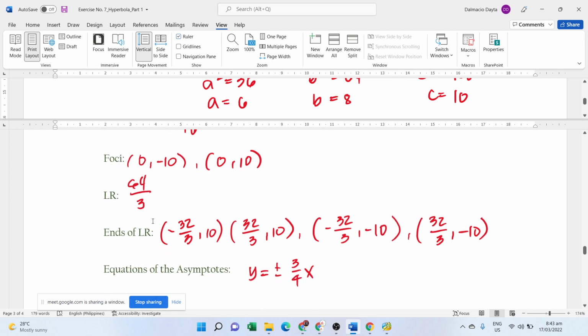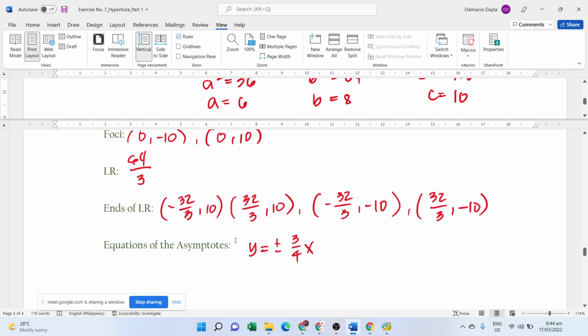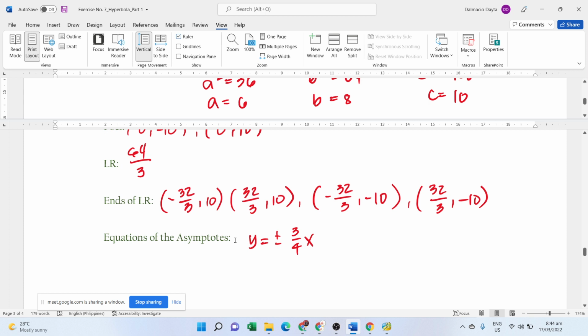So this is correct. Ends of LR must have the same y coordinates as the foci. Okay, tapos b squared over a, 64 over 6. Correct? Okay. Everything is correct. Check your work, class.